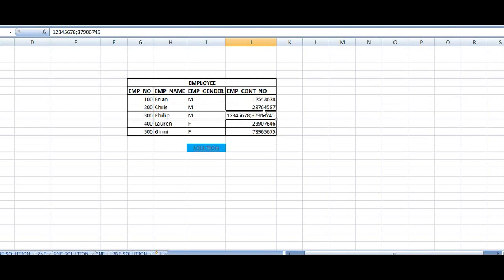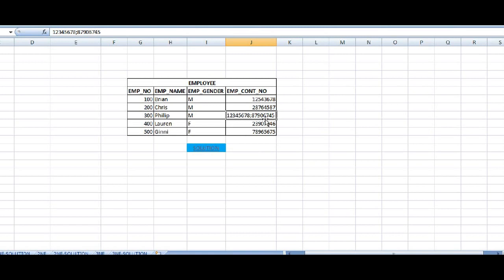Now, to make it 1NF compliant, I have to make this cell contain a single value and also ensure that no data loss is there. It is not that I'm deleting one phone number to make it 1NF compliant. No, I have to keep this information as well.